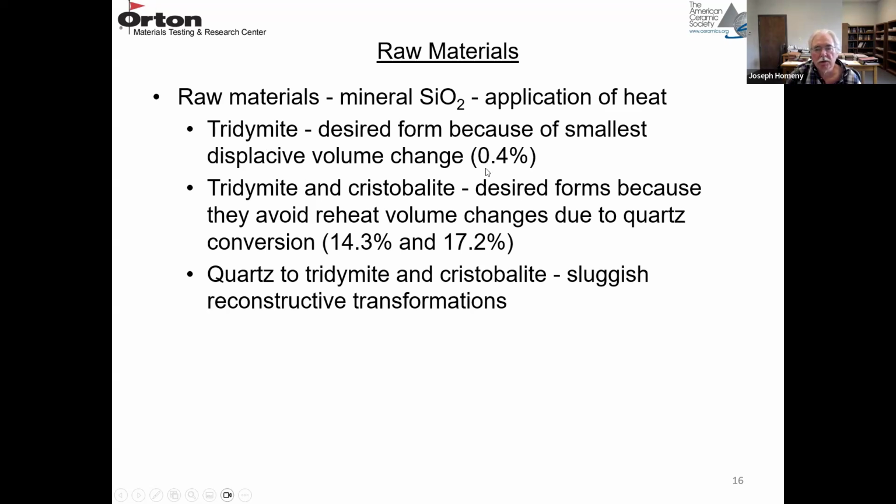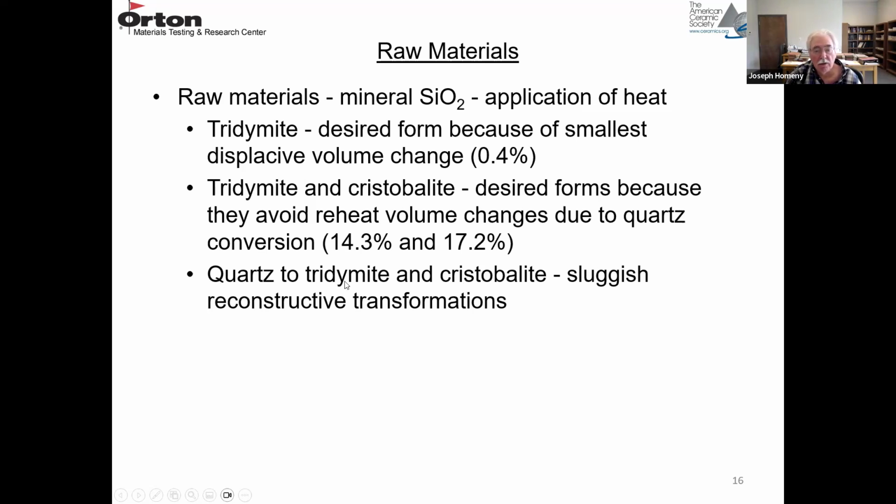So it's only a linear change, volume change of 0.4%. But you're usually going to have a combination of tridymite and cristobalite. You're going to get rid of these large volume changes when you eliminate the quartz, but you're still going to have your displacive transformations for tridymite and cristobalite.